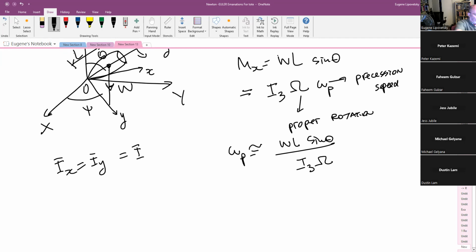And we will then have, I don't think I did the axis correctly. So we'll have the theta is the nutation angle.